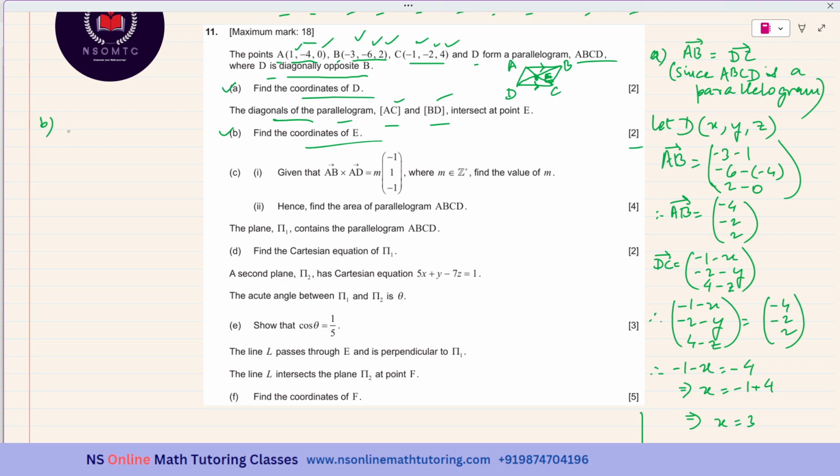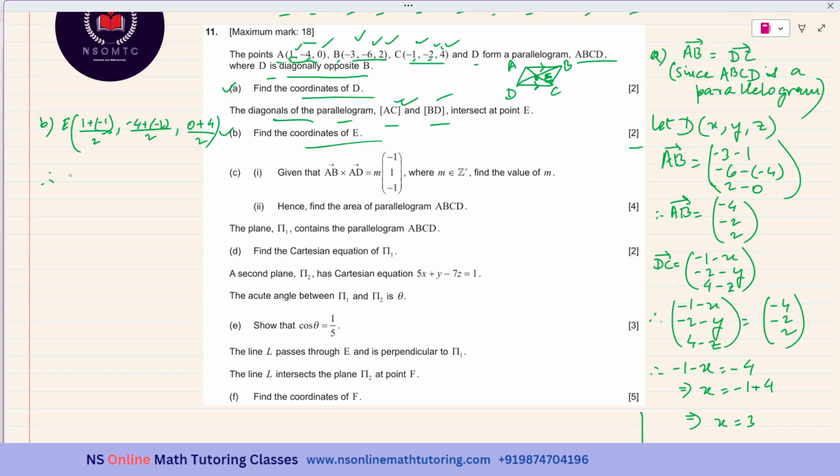So E will have the coordinates, taking AC: (1 plus -1) over 2, comma, (-4 plus -2) over 2, and (0 plus 4) over 2.